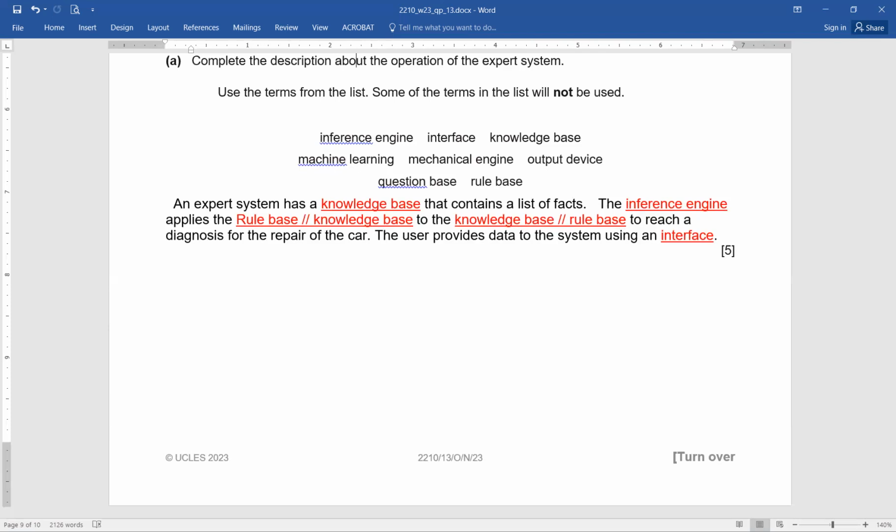They both are accurate, because you can fill in the second blank with rule base and the third blank with knowledge base, and vice versa. You can mention the second blank as knowledge base and the third blank as rule base. Both are correct options. And to reach a diagnosis for the repair of the car, the user provides data to the system using an interface. So definitely we are using an interface to provide data to the system.